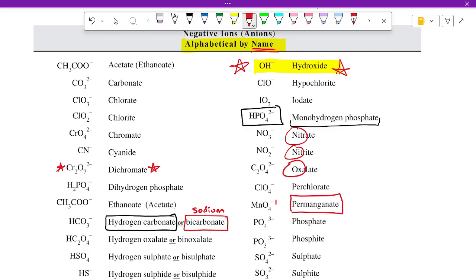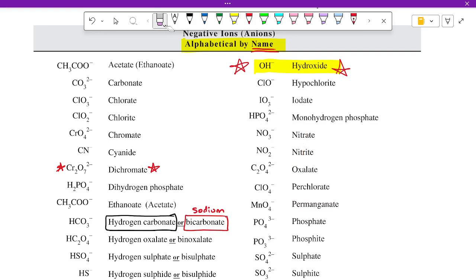We're putting a star beside it so you can find it because it ends in "ide," but it's not on the periodic table. Let's put a star beside cyanide because, again, it ends in "ide," but it's not on the periodic table.